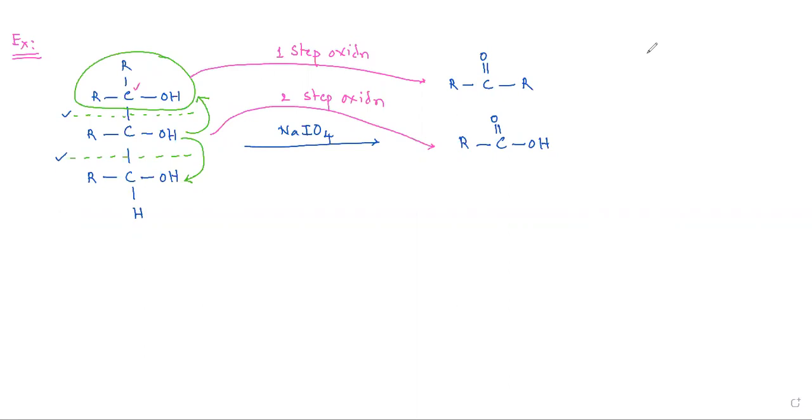Let me take the third area. Now, this, of course, undergoes oxidation just in one step, right? One-step oxidation. Only on this side, you have a bond, I mean, you have a connectivity with carbons having OH.